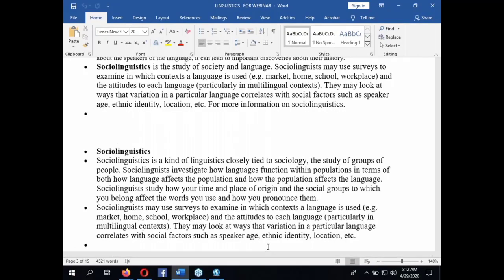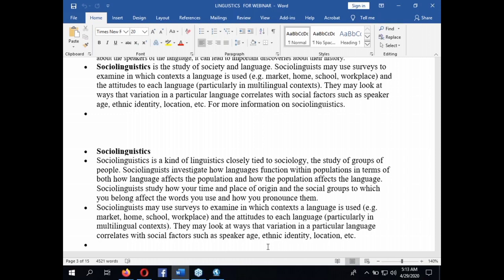Of course, like I said earlier, it is tied to sociology, which is the study of society. Now, sociologists or sociolinguists investigate how languages function within populations, in terms of how languages affect the population and how the population affects languages.